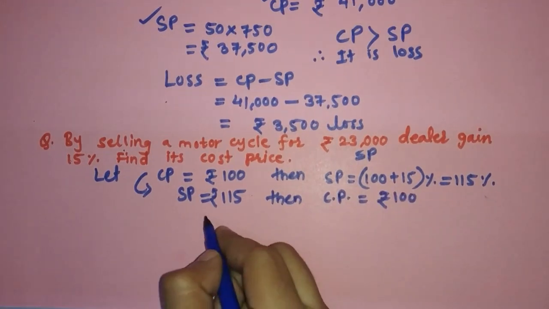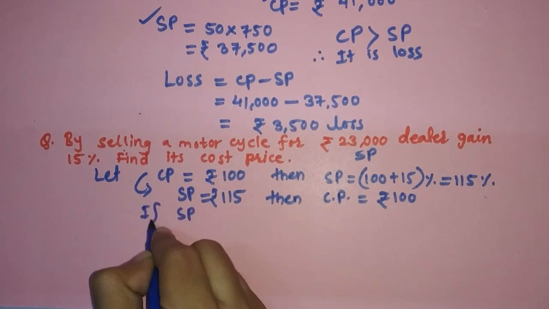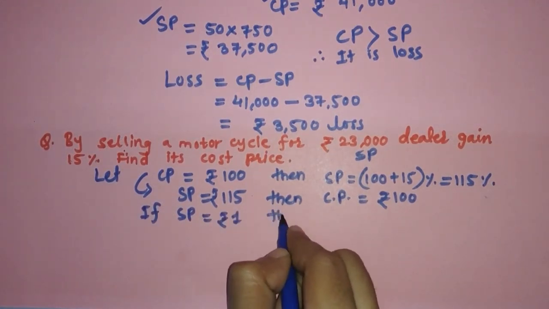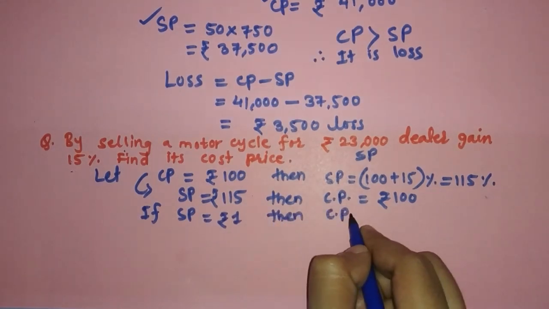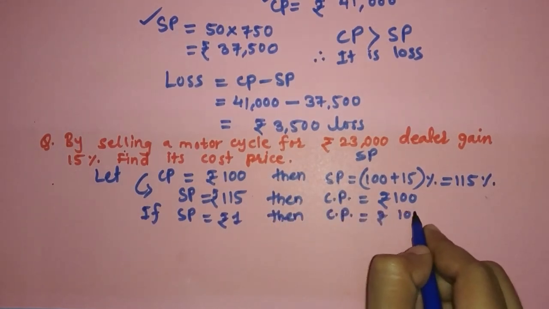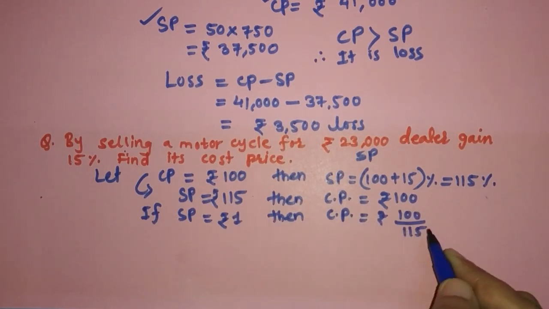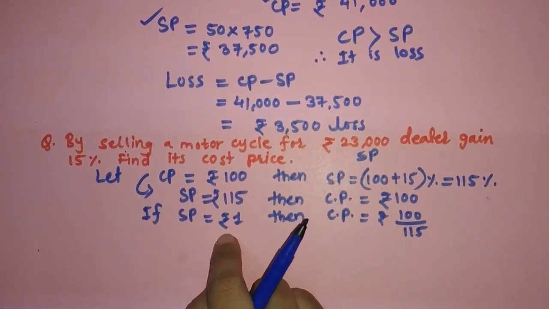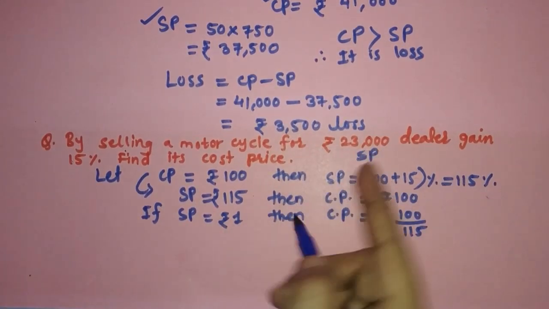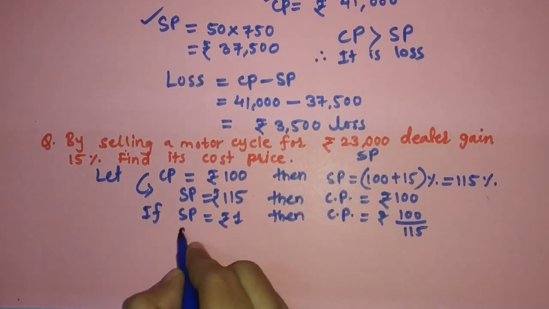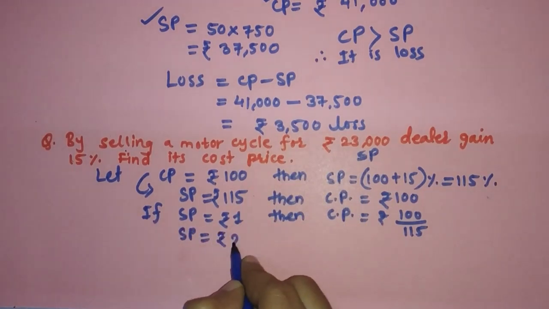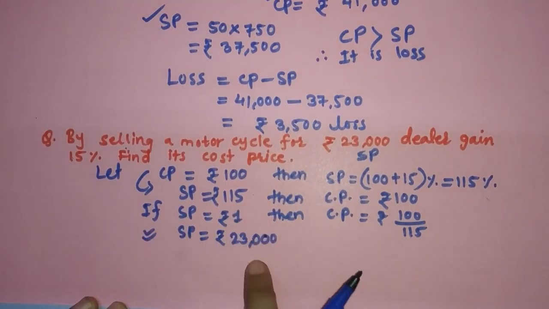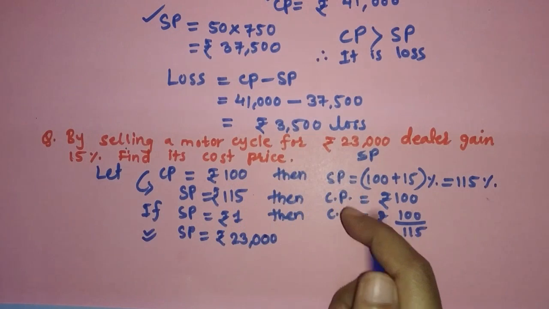So as for the unitary method, if SP is rupees 1, then the cost price is going to be rupees 100 upon this 115. This is for the unitary. Now, given that our selling price is 23,000, and we need to find out cost price.